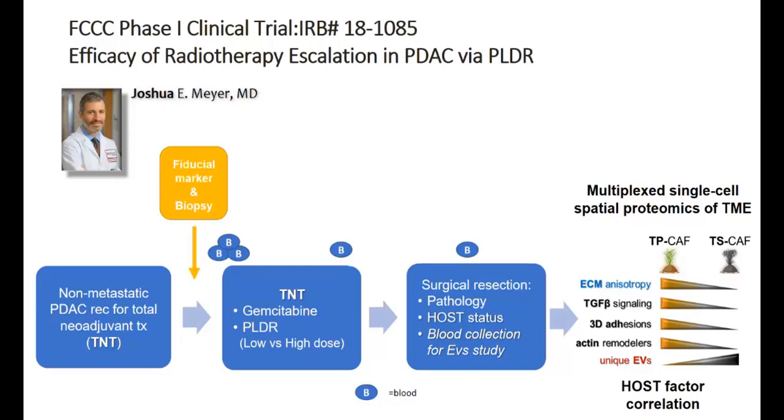Since we saw that this type of modality apparently was not altering much, or aggravating, I should say, the phenotype of the tumor-associated fibroblasts, now we're there to start comparing the regular dose the patients are receiving with a little higher radiotherapy that indeed could help us to tackle the cancer cell without affecting the stromal cells.